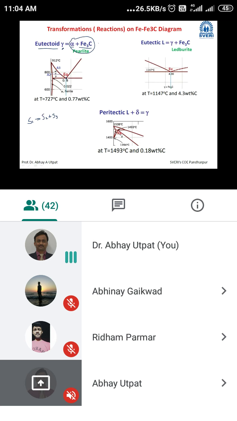Go to the next reaction, eutectic. The general equation is, write down: L gives S1 plus S2. L is liquid, and S1 and S2 here are austenite and cementite, and their mixture is called ledeburite. So L gives austenite plus cementite.